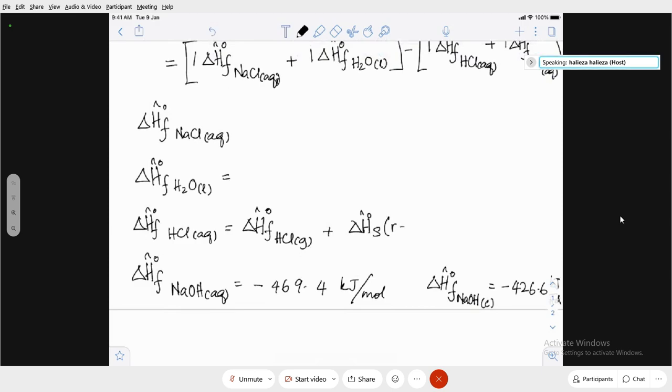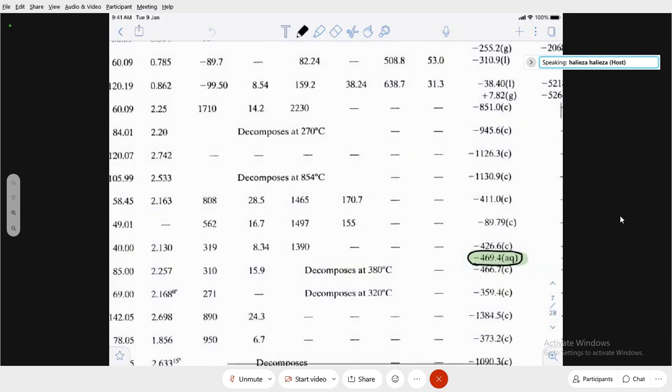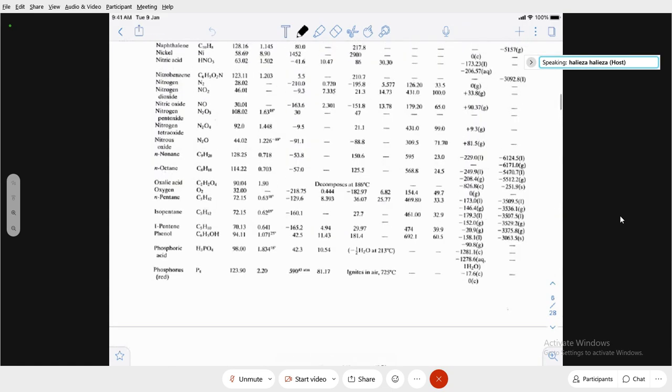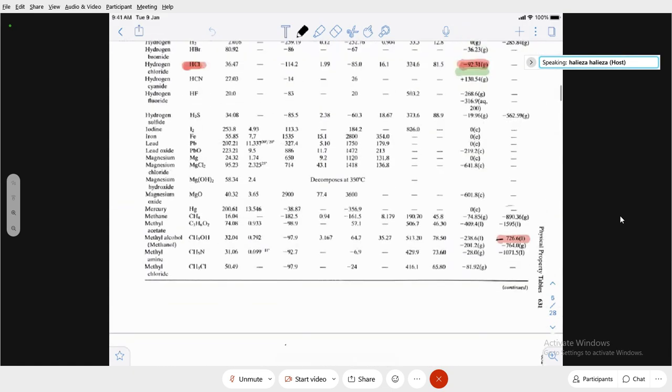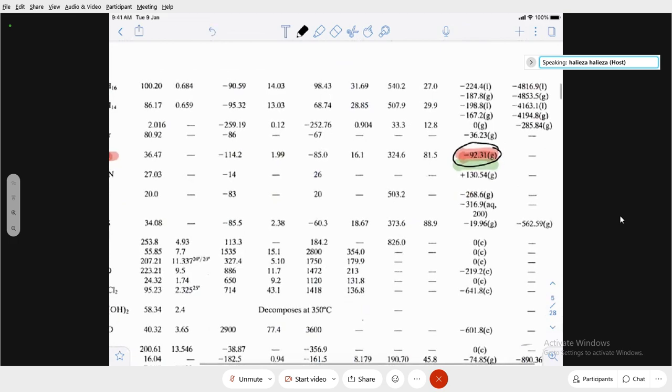R equals infinity because this question asks for infinite dilution. The value for the gas we can get from appendix B1, which is minus 92.31.